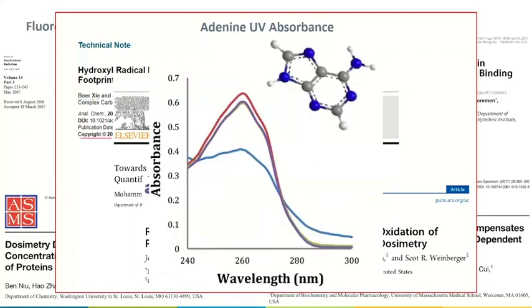The way it works is really quite simple. You have adenine in solution as one of the scavengers in your FPOP system. And adenine by itself has a very nice UV absorbance peak here around 260, 265 nanometers. And if you add in hydrogen peroxide, the absorbance stays the same. And if you shoot it with a laser, the absorbance stays the same. But if you add in hydrogen peroxide and shoot it with a laser, so if you oxidize it with hydroxyl radicals, this absorbance peak drops precipitously.